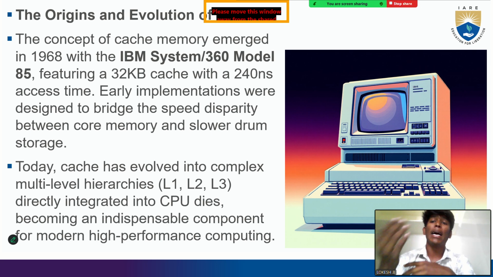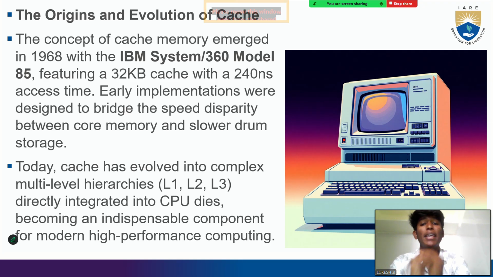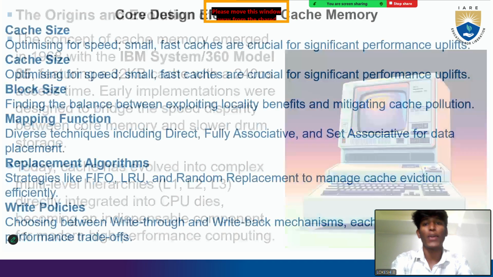Early implementations were designed to bridge the speed disparity between core memory and slow drum storage. Today, cache has evolved into complex multi-level hierarchies like L1, L2, L3, directly integrated into CPU dies, and has become an indispensable component of modern high-performance computing.